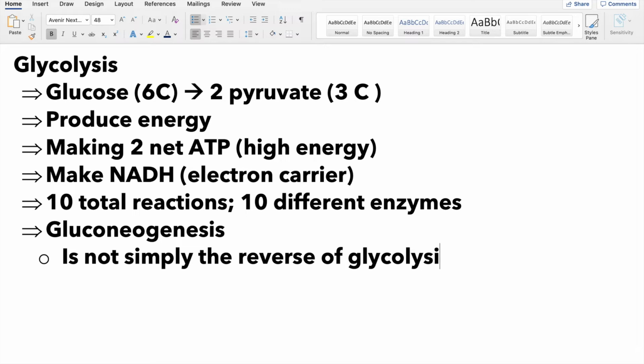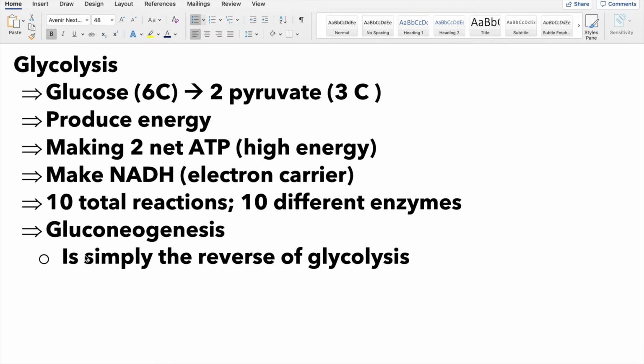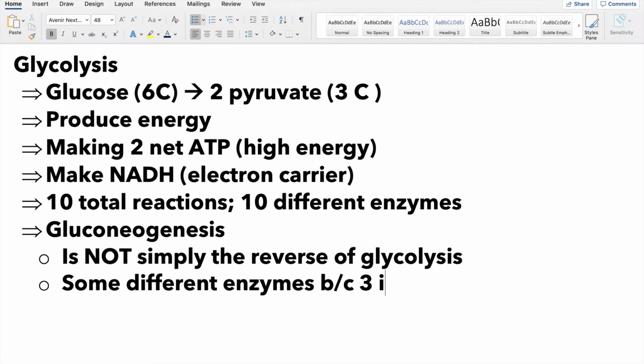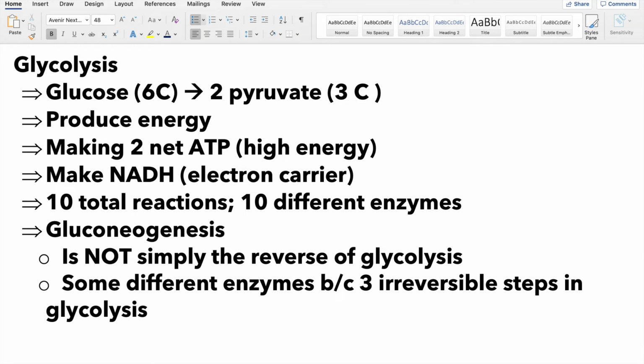And that is such an important point that I'm going to capitalize it, is that it is not simply the reverse of glycolysis. It is the opposite pathway, but it will use some different enzymes because there are 3 irreversible steps in glycolysis. And irreversible meaning you can't go back the other way in gluconeogenesis, and so you will need different enzymes for those steps.